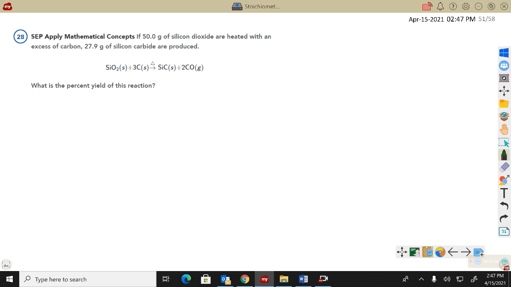So to calculate the percent yield, I need to know then the theoretical. Eventually I'll have percent yield equals actual, the 27.9 grams of silicon carbide. But I need to know the theoretical, and then we'll multiply by 100 and we are done.